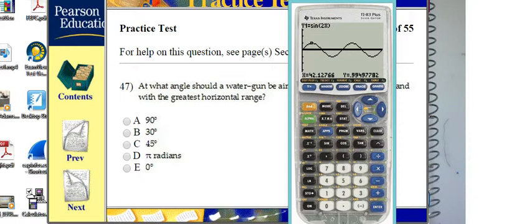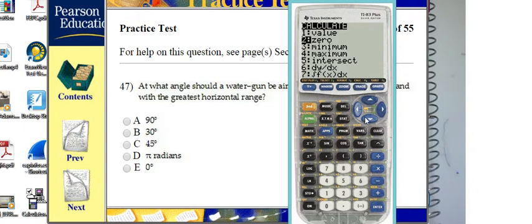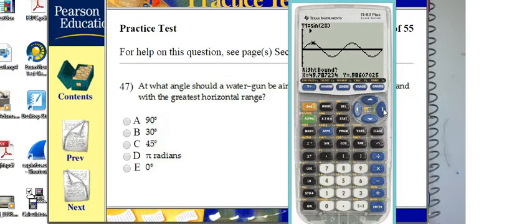Okay, so what does that mean? Well, let's just calculate the maximum value. So I'm a little bit to the left, a little bit to the right, somewhere in the middle. So it looks like 45 degrees, y equals 1, right?